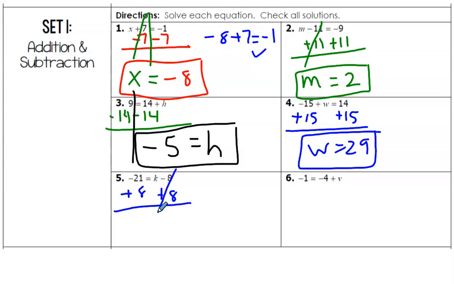Sometimes I cross it out, sometimes I don't. It's up to you, but you'll never see me write the 0. If they are additive inverses and they make a 0, I'm not going to write that down, because 0 plus w isn't necessary to write. So if it cancels out to a 0, then I leave it as such.